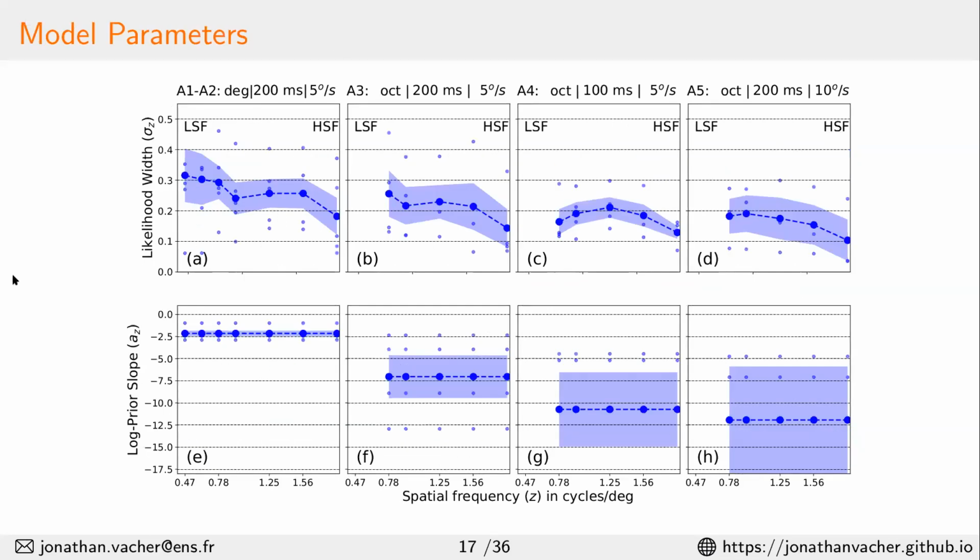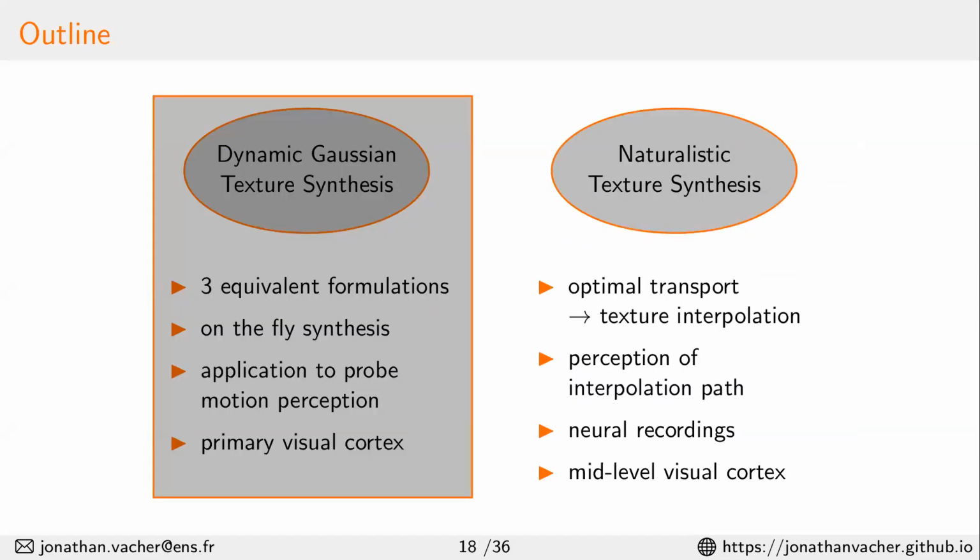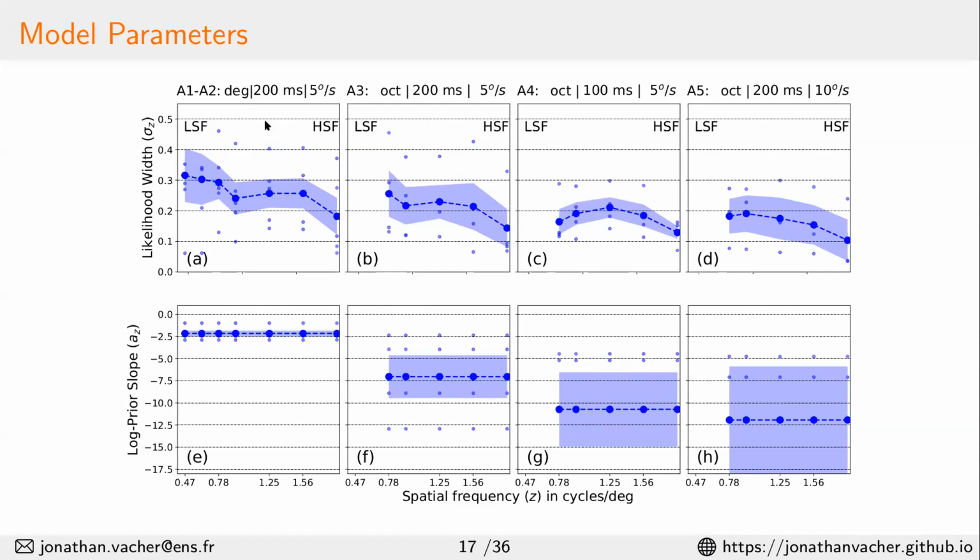And when you check the parameters of the Bayesian model only, you see that yes, you find a prior slope that is negative, which means you have a prior for slow speed, which was previously found in other papers. And you find that yes, the likelihood width, so the sensitivity, is decreasing.